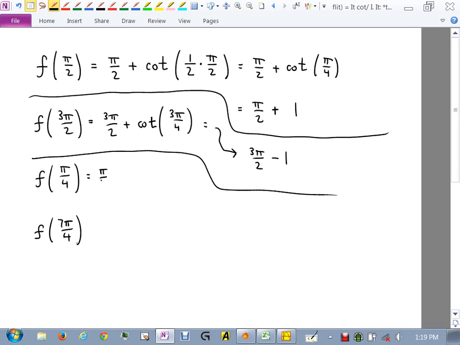Pi over 4 plus cotangent, did it again. Cotangent of what? Pi over 8. Now that's not a value on our unit circle that we know very well, is it? So this may be a point where you break out your calculator and make sure you're in radian mode and you do cotangent, or just do tangent of pi over 8, and then do 1 divided by that answer, or the reciprocal.